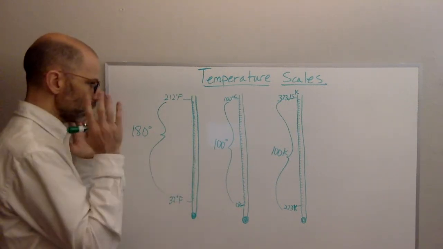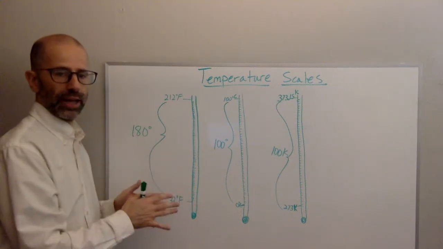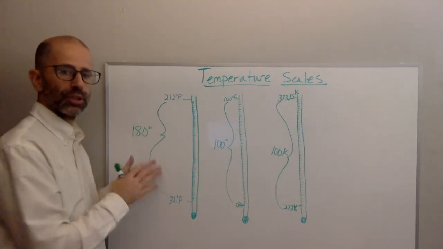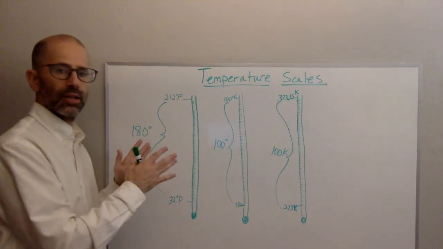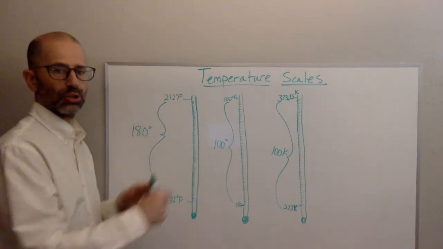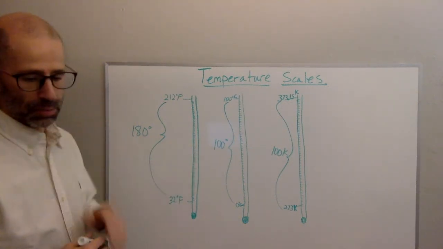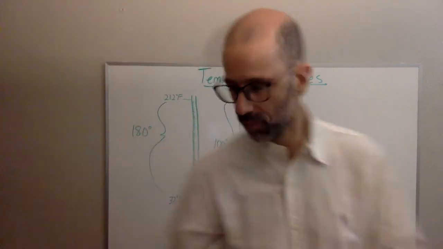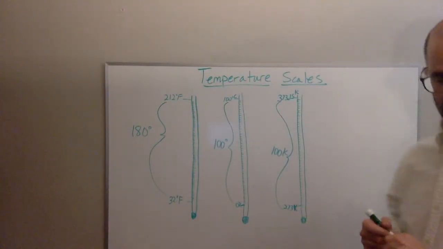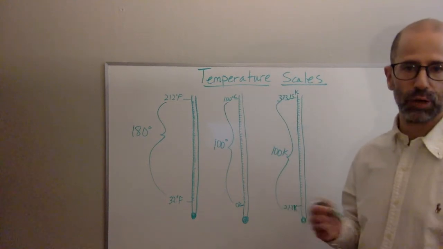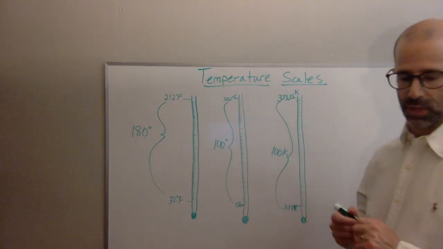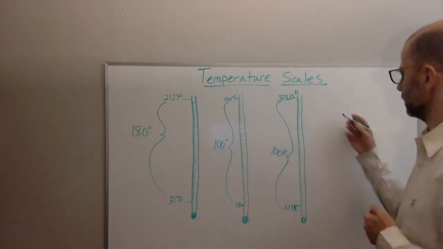With this, you can understand the formulas for converting from one temperature scale to another. Let's just do Kelvin and Celsius first.